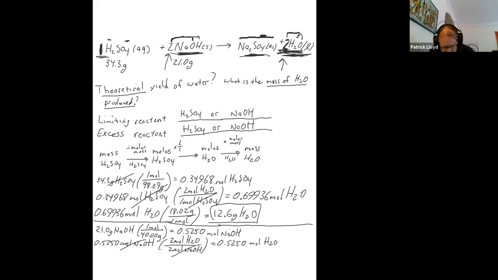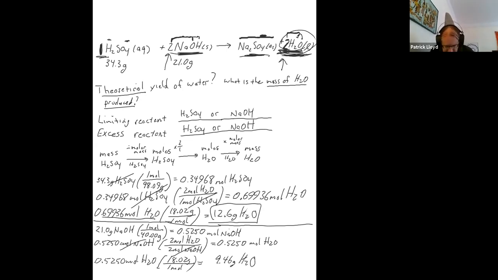And then we're right at this step here. Once you've got the moles of water, you know how many moles you have, just convert it to grams, multiply by the molar mass. So 0.5250 moles of water times 18.02. Looks like around 9 grams, 9.46.